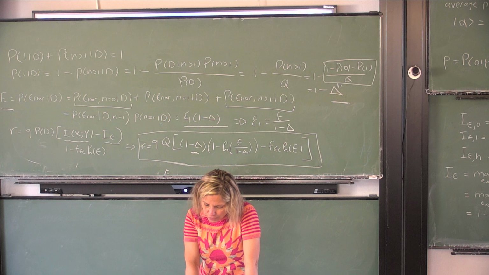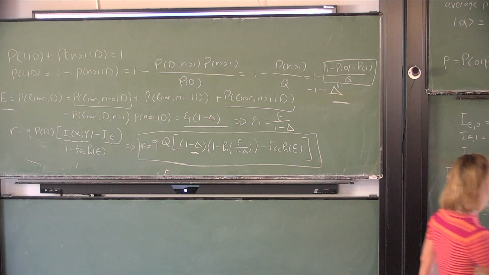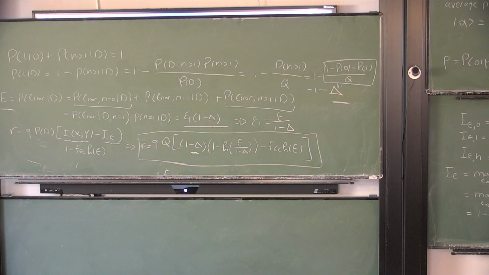By giving expressions like this one, by imposing that the detection event when n is bigger than 1 is always 1, and that the information gain for Eve is always 1, I have included all these imperfections and given everything to Eve. So it's a very conservative, very strict definition of security.